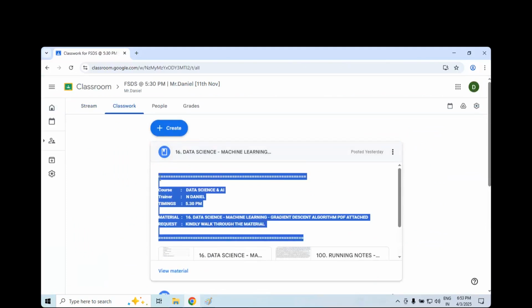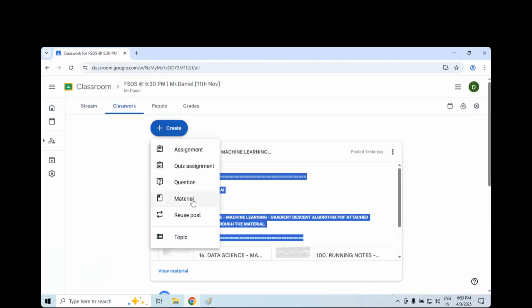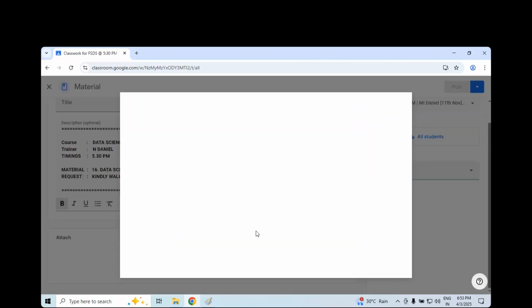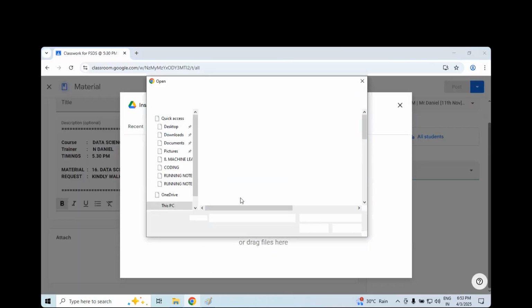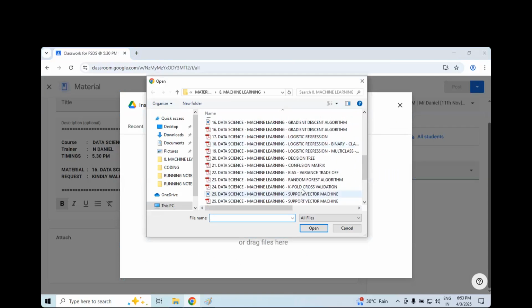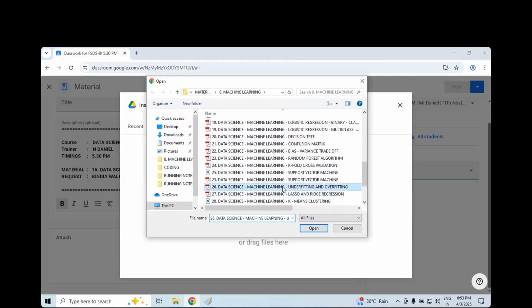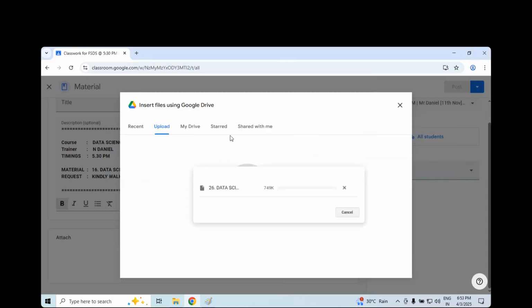Let me upload the new material for today. What is the topic name, sir? Underfitting and overfitting, right? And then running notes, then image actually. Along with this one, running notes I need to upload.